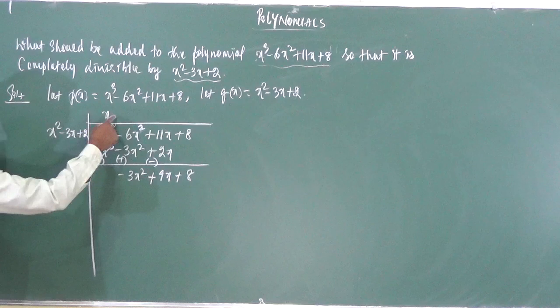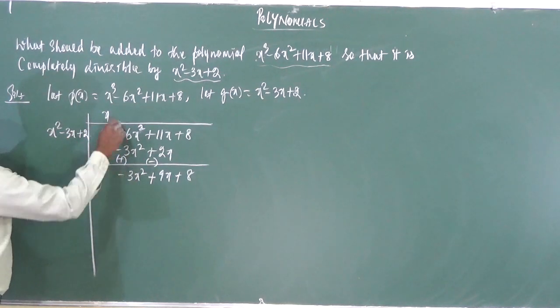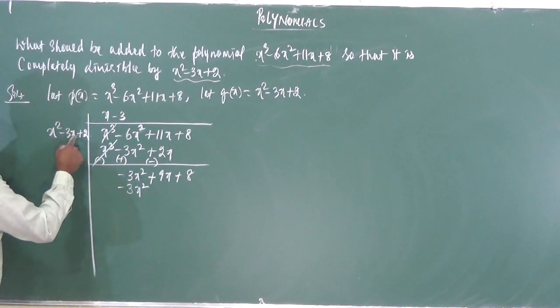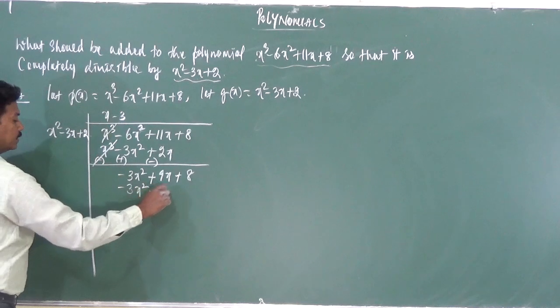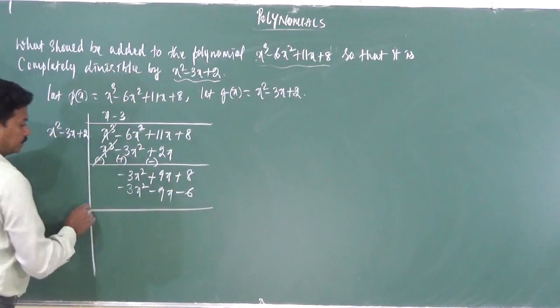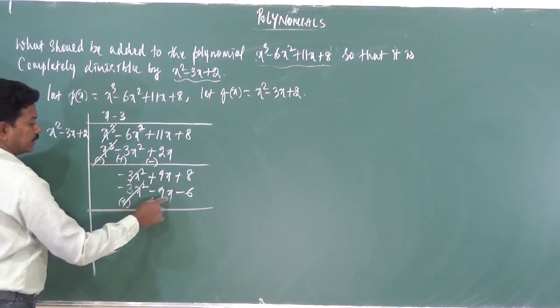x square into what gives you minus 3x square? Here x square into minus 3 gives you minus 3x square. Minus 3x into minus 3 is plus 9x, and 2 into minus 3 is minus 6. The sign changes and it gets cancelled.